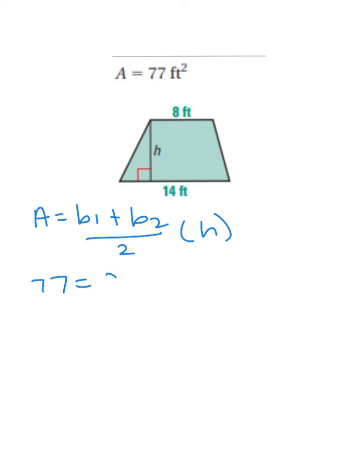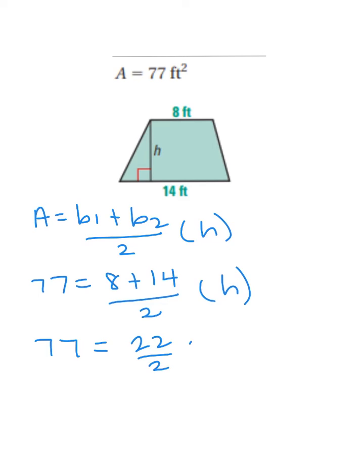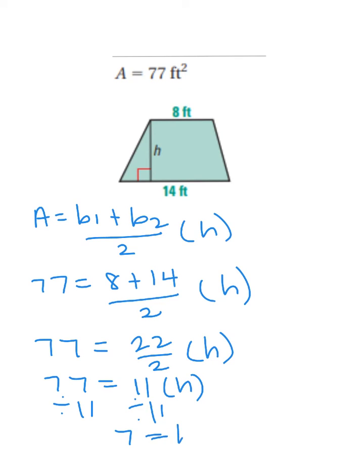Base 1 is 8 plus base 2 is 14 divided by 2 times the height. 8 plus 14 is going to give us 22 divided by 2 times the height. 22 divided by 2 is going to give us 11 times the height. I'm going to divide by 11, which means that 7 is equal to the height.